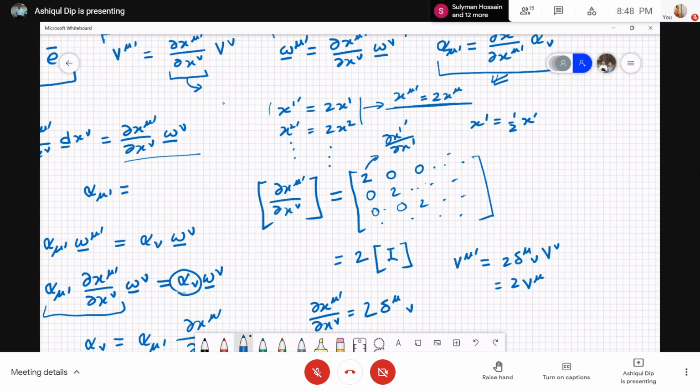That's what we are writing. We just halved the coordinate. That's what we did. Right? Yeah. So when we do that, the vector components become the double one, right? It becomes doubled.